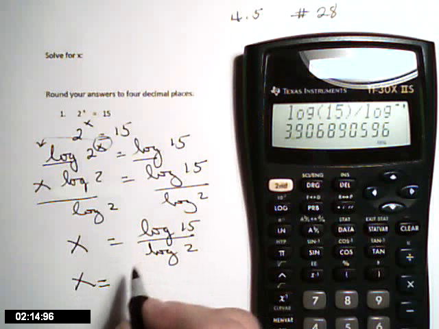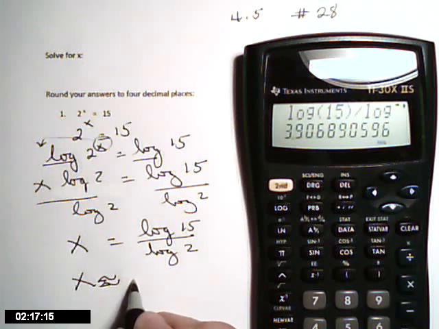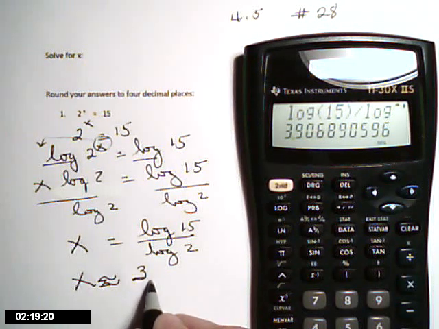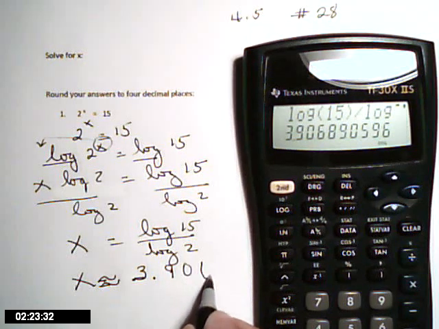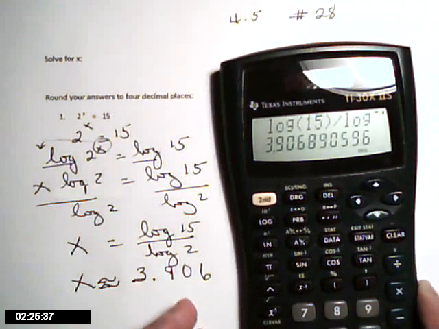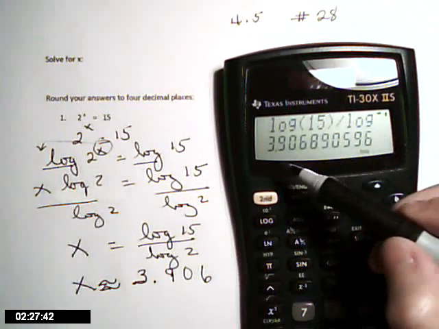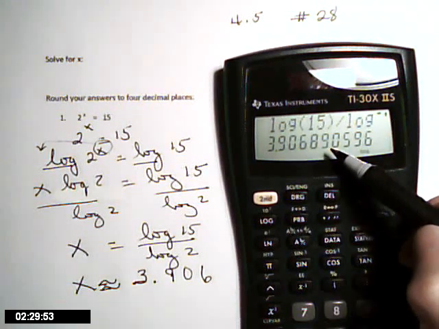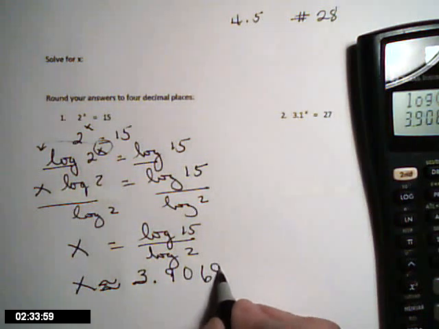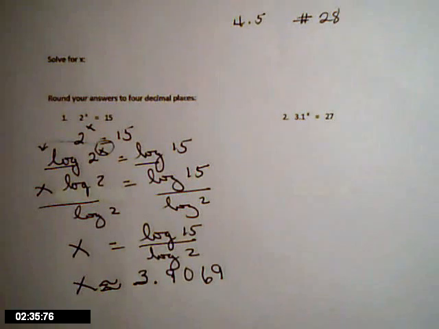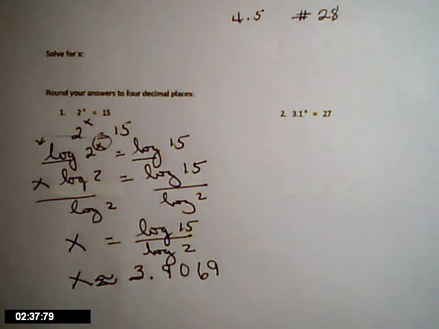So this is going to be, now an approximate, I'm rounding, 3.906. Now if you'll notice, if you can see this calculator, the fifth place is a 9, so the 8 is going to raise up to a 9. And that would be my solution. Now when am I going to do this? That's when I can't get a common base.